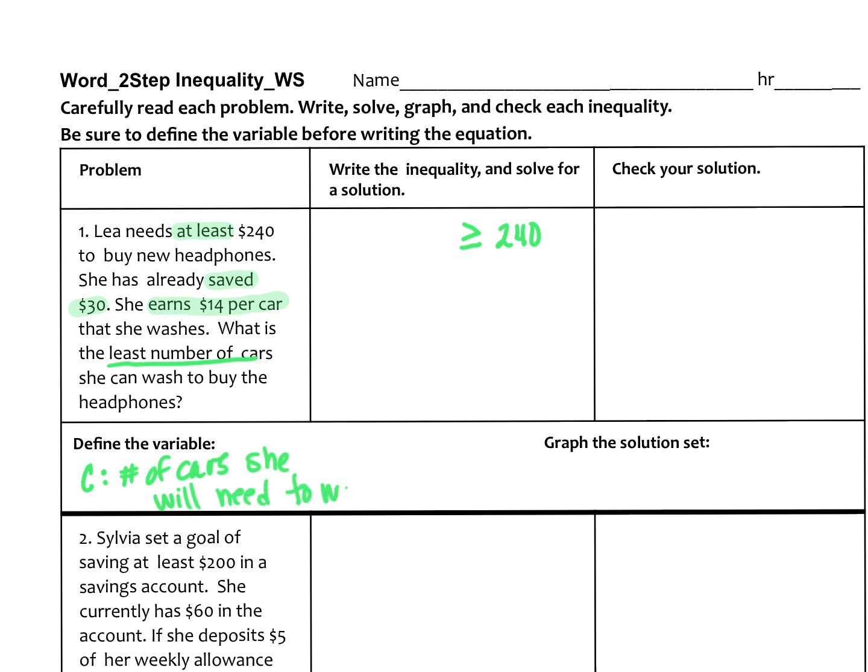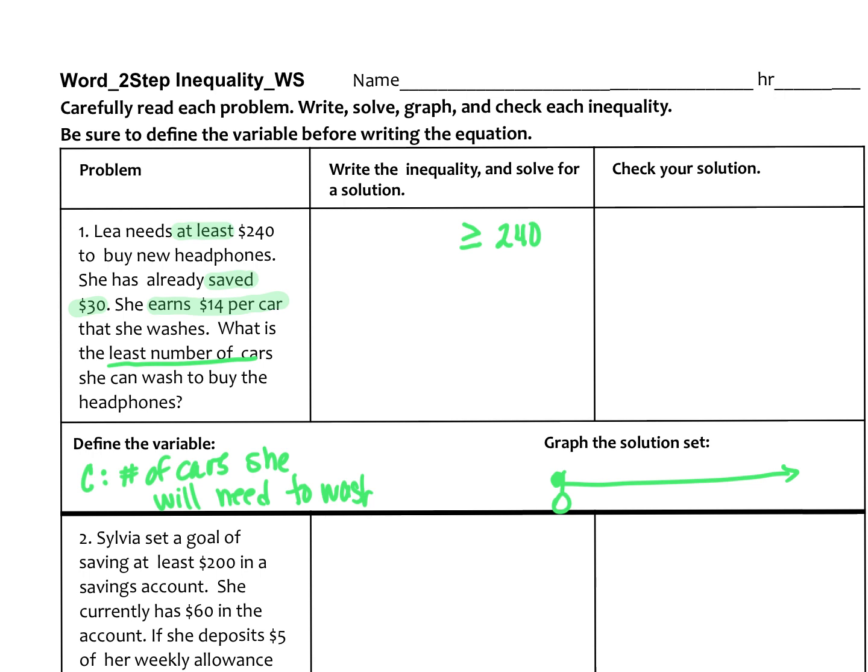And then, of course, over here, we're going to graph our solution set, and we're going to put a 0 because she's not going to wash a negative number of cars. In fact, I'm going to put a point right there, and then we'll be able to show how many cars she'll need to wash, okay?